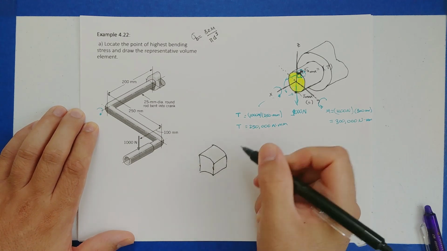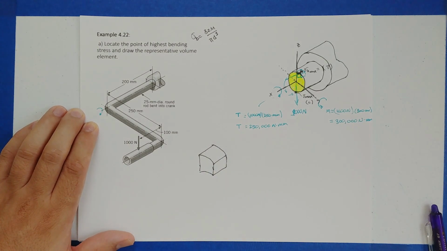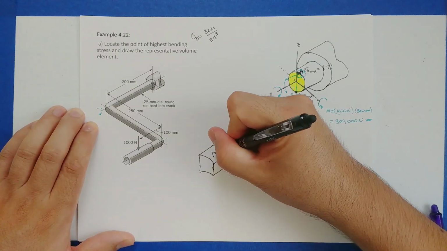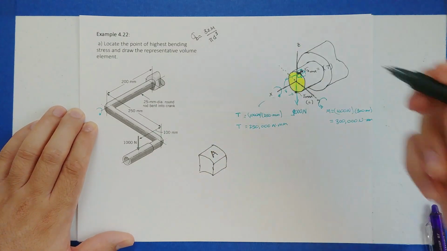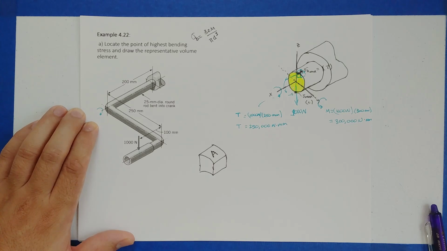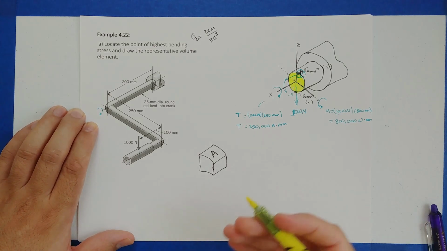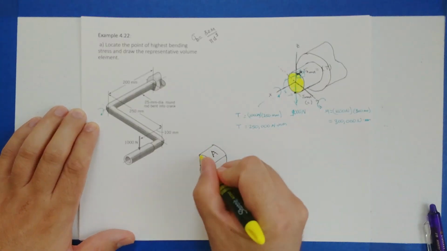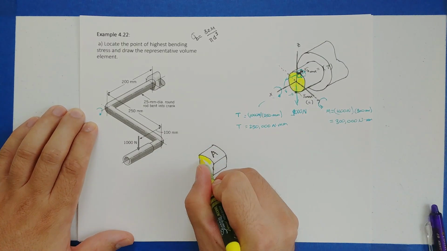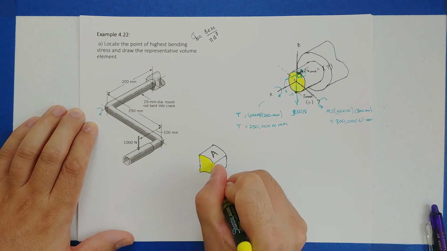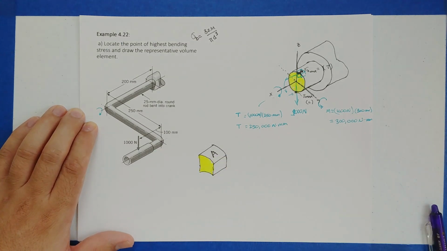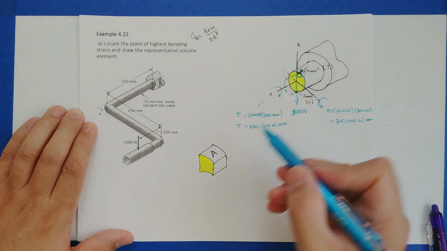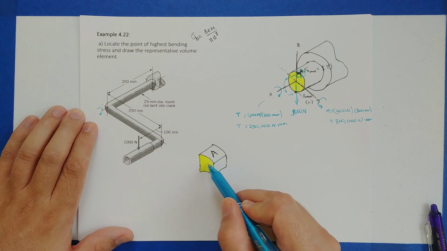So it looks more or less like this. That's the volume element, and this would be our letter A. I also like to color the face of the cube that I've exposed by cutting. In this case, from sectioning that bar, this would be the face that I'm exposing. And that's very important because it means any forces applied are going to be applied to that colored face.